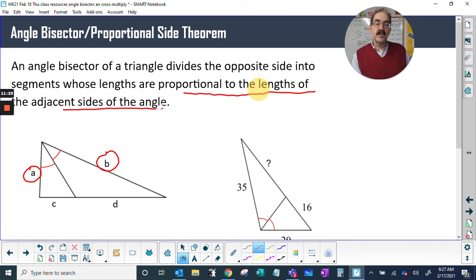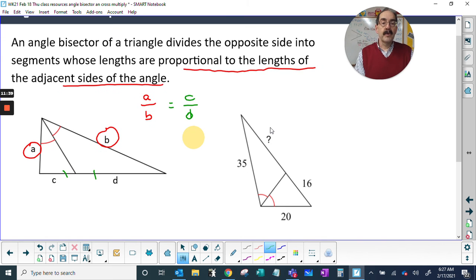So they want you to say A and B are adjacent, and C over D. But we know that we don't have to do it that way. So pause the video, and I want you to try this one.